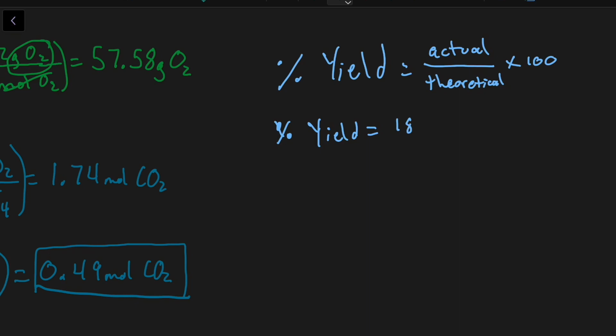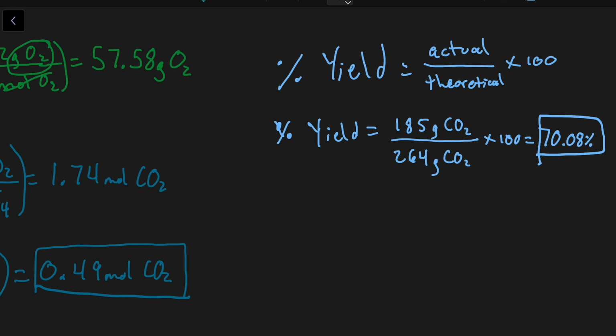Okay, it's 185 grams of CO2, that was the actual yield, and 264 grams of CO2, that was the theoretical yield. So this is times 100, and you get 70.08%.